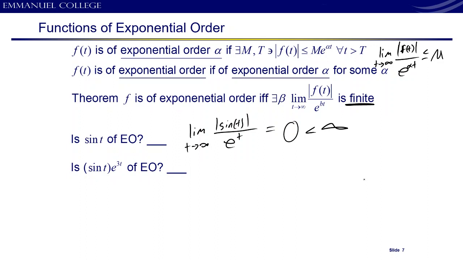All right, now what if I'm dealing with the absolute value? So the limit as t goes to infinity of sine of 3t times e to the 3t. Now what do I need to divide it by?